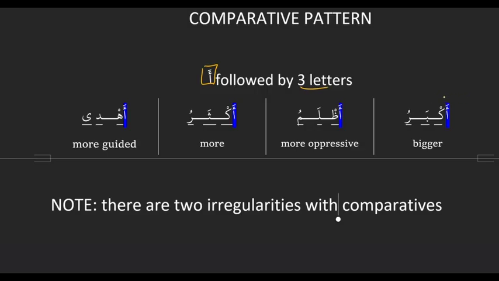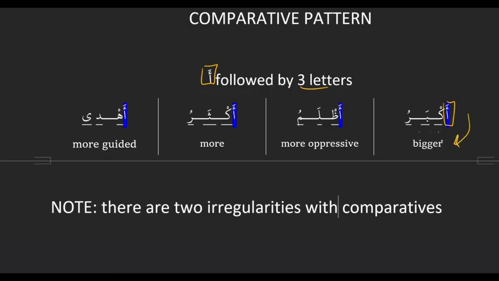We have akbar, which starts with a hamza with a fatha on it. Then we have kabara, 3 letters. And it's translated as bigger, and bigger is a comparative word, because you can say something is bigger than something. And where are we getting the core meaning of big? The way you trace it back is you look for 3 common letters with a word that you already know.